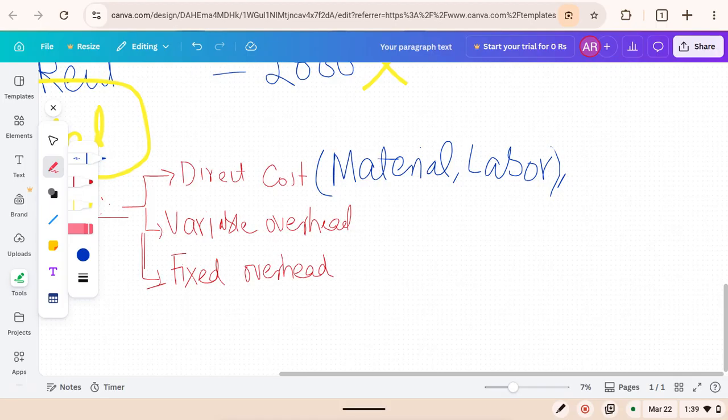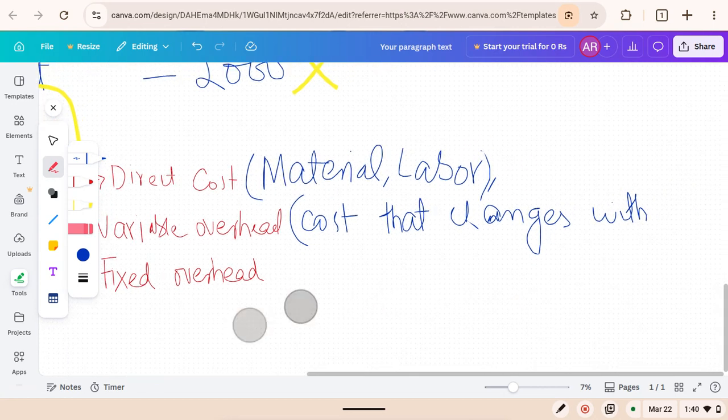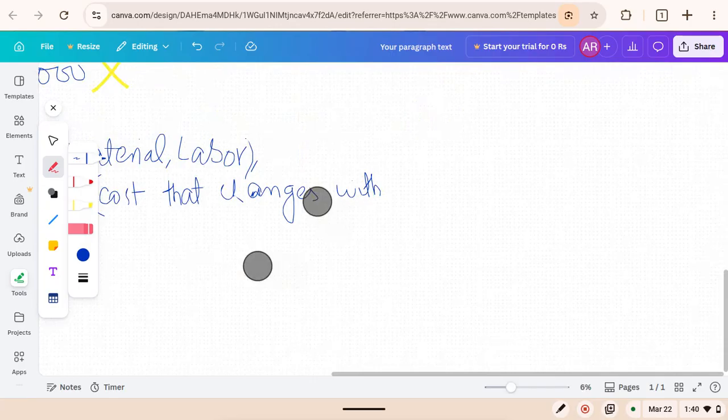Variable overhead is cost that changes with each unit of production.